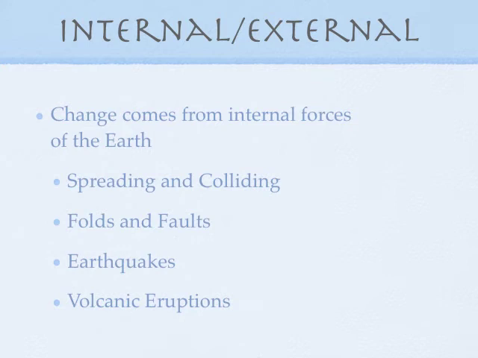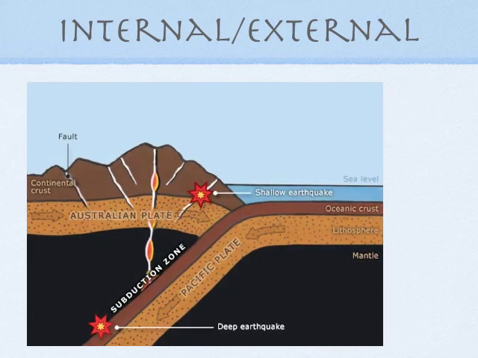If you don't know what a volcanic eruption is, close this when you're done and Google it, YouTube it, whatever you may do. This is a description of the Pacific plate, Australian plate, how they come together when they're moving. They create earthquakes. You have the crust and the lithosphere, the mantle, fault lines, a volcano that could happen.